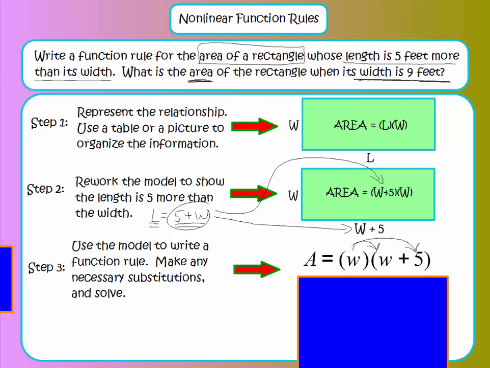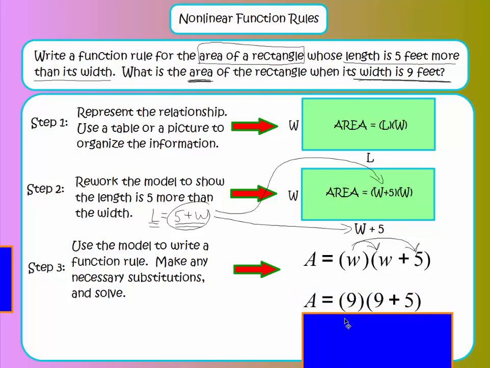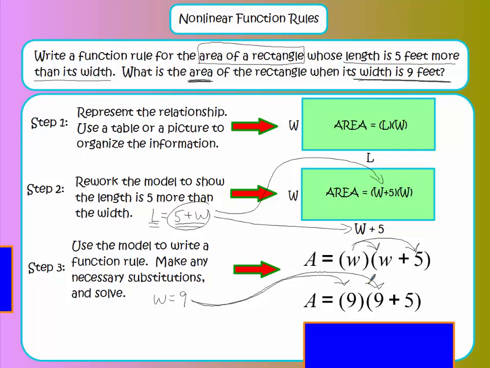And we are now going to make the appropriate substitution. Notice it tells me the width is 9 feet. So you could say the width equals 9. Everywhere I saw a W, I'm now going to put the number 9. Be careful here.